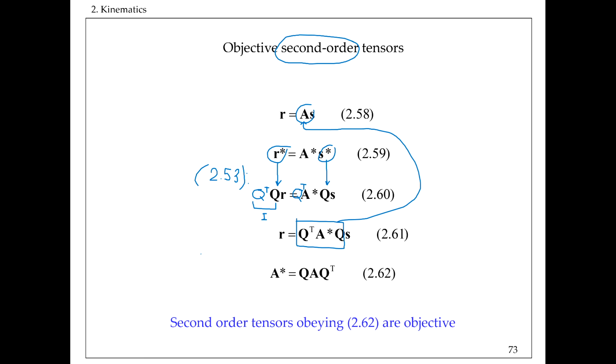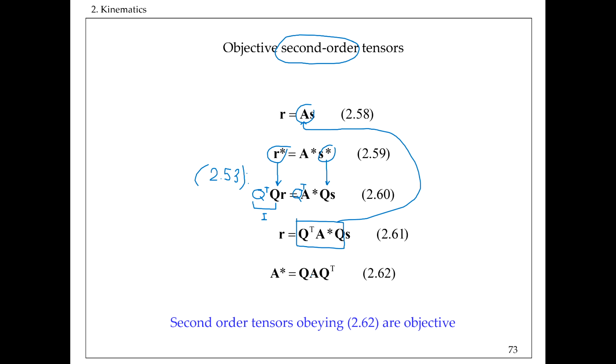And so in that sense we arrive at the definition of second order tensor objectivity. The second order tensor will be objective if it satisfies this condition. Note that this is for tensors defined in the deformed configuration.